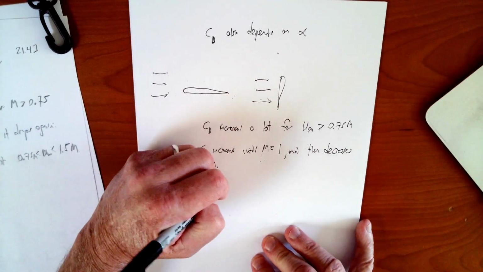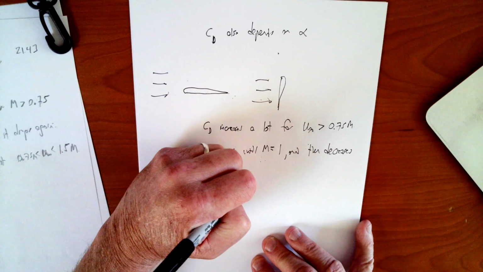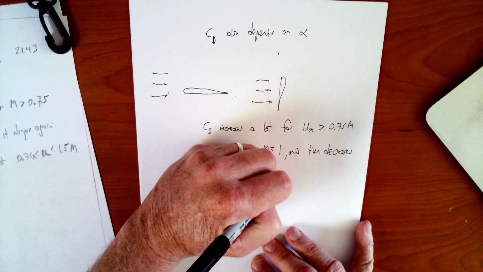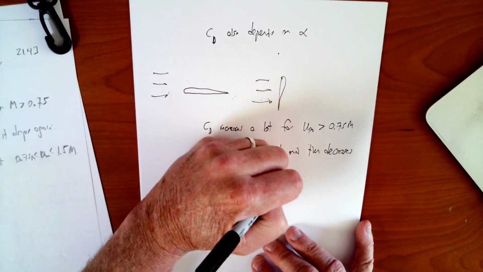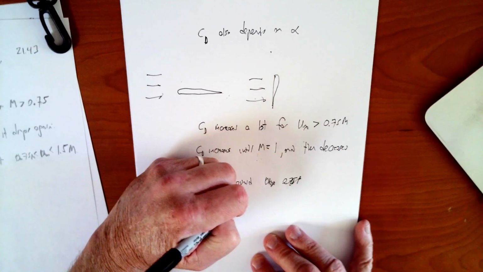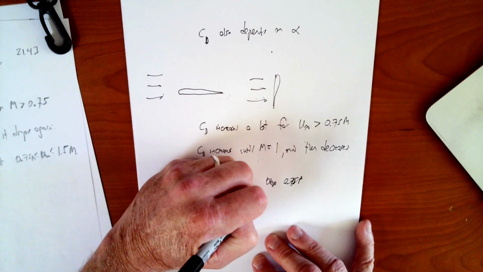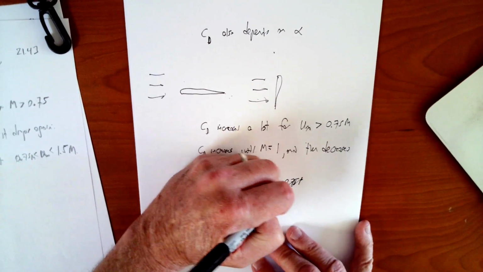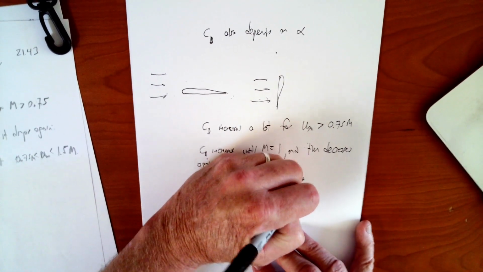So planes generally avoid that speed: they avoid U infinity between 0.75 Mach and apparently 1.5 Mach.